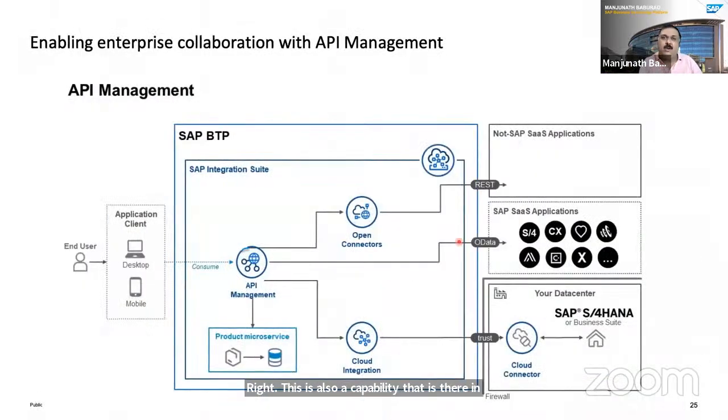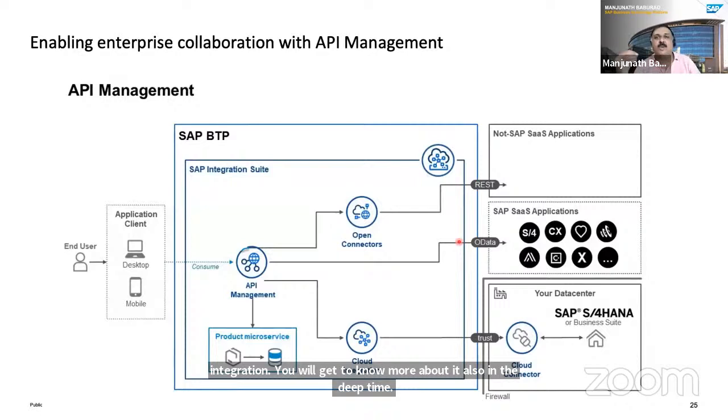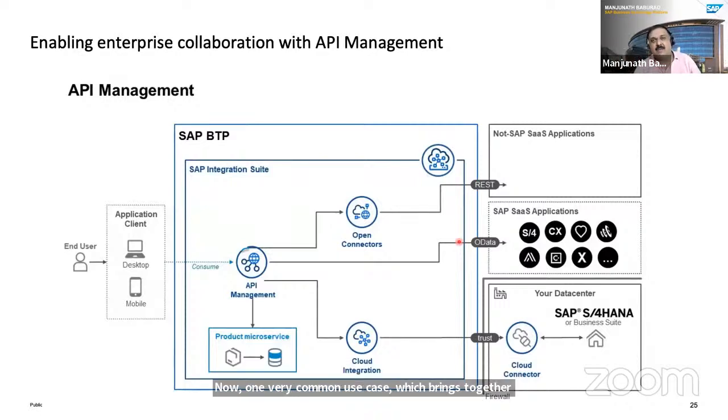Now, one very common use case, which brings together many of the capabilities of the SAP Integration Suite, is what I like to call the enterprise collaboration, right? We always say, hey, what does anybody understand by API-led integration? What is an API? An API is anything that lets you access some kind of a backend resource and do some actions on top of it, whether retrieve data, push data, or update the data or anything like that, right?